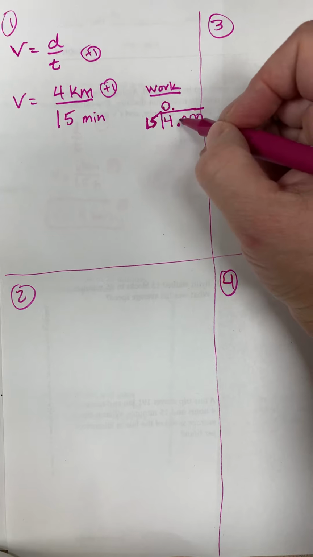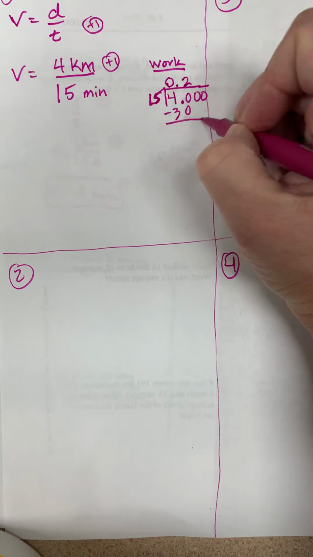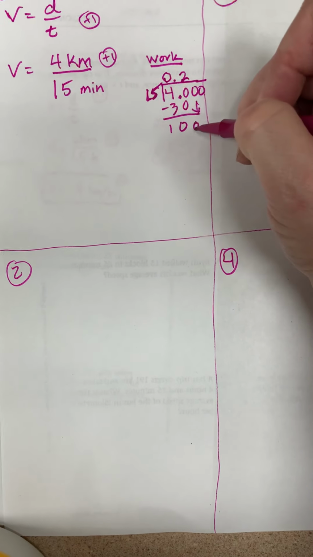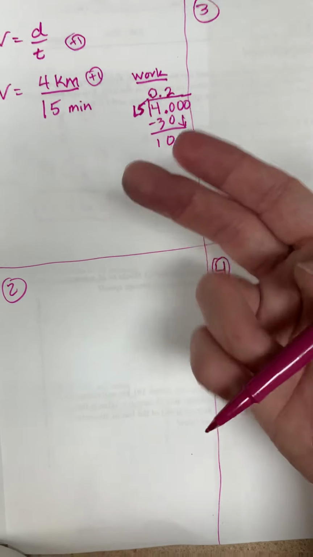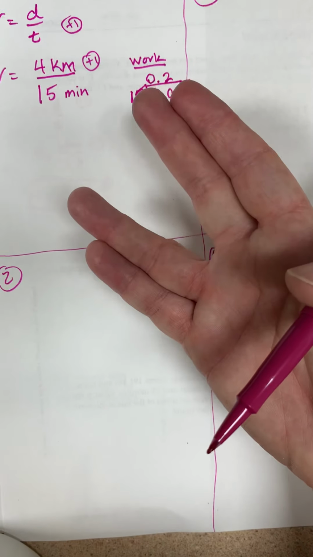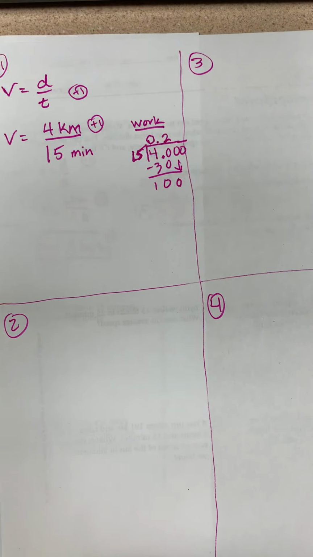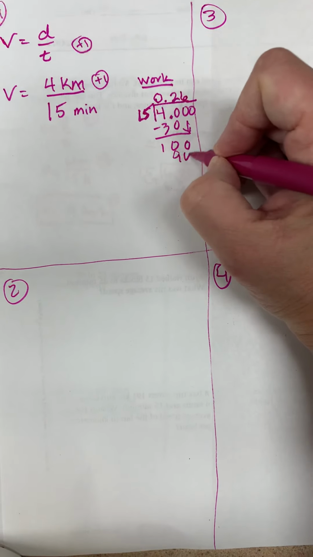Then 15 into 40 twice for a total of 30, remainder 10. Keep going. So 15 into 100, you just count 2 groups of 15s for 30. Another 2 is 60. 2 more from that is 90, so that's a total of 6. 15 times 6 is 90.